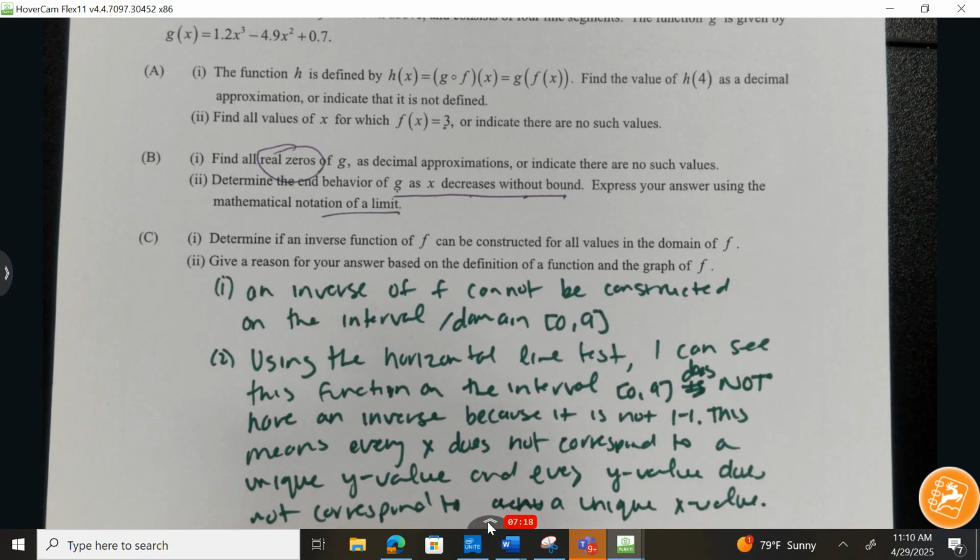An example: 1 corresponds to 2 and 4 corresponds to 2. Or maybe you want to write (1, 2) and (4, 2).